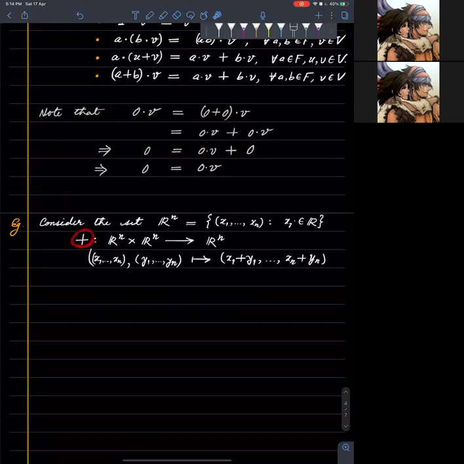This addition is something that we are defining, while this addition is the usual addition of real numbers. And of course, this is an abuse of notation, but this is a good abuse, because if we put subscripts here or design a new symbol for these things, then it will get messy. And really, it is a kind of addition, so it's good to make this kind of abuse of notation. That's completely acceptable.